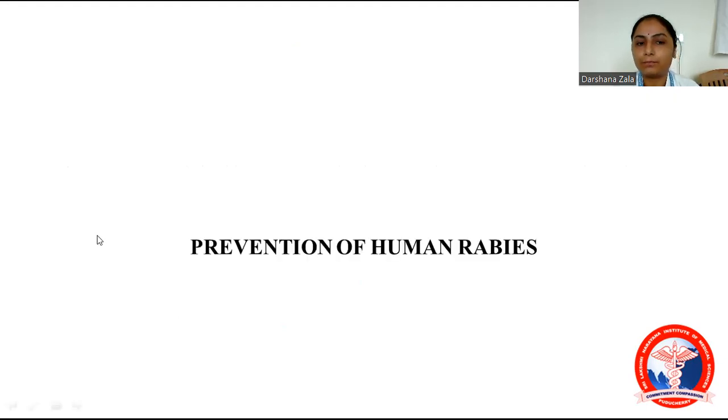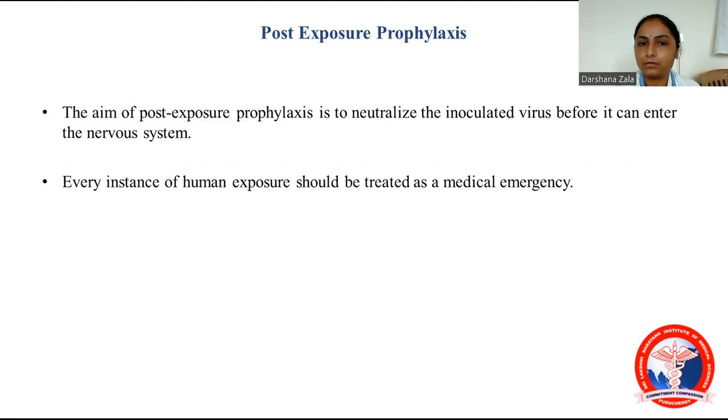Now, the most important part of this lecture is the prevention of rabies. It includes two parts. First is pre-exposure prophylaxis, and second is post-exposure prophylaxis. First we'll start with the post-exposure. The post-exposure prophylaxis is to neutralize the inoculated virus before it can enter the nervous system.